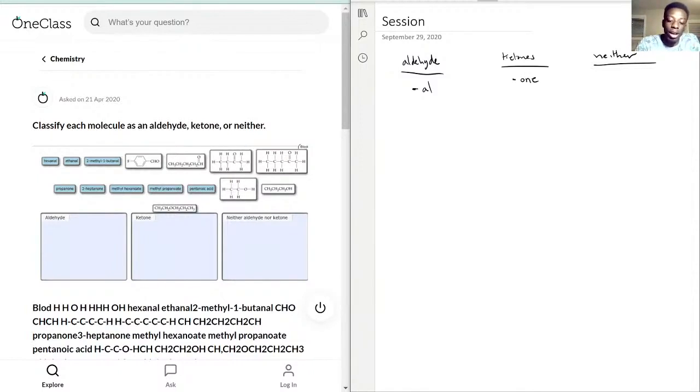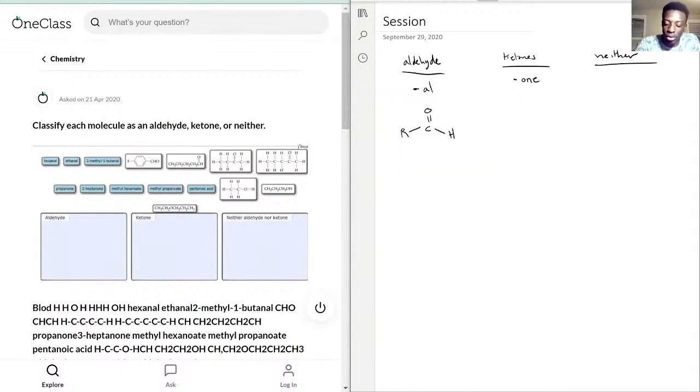And the other thing about aldehydes is that there's a functional group, okay? And then it's attached to the carbon, but the carbon is attached to an oxygen and a hydrogen at the end. This right here is an aldehyde. So this is an aldehyde group.